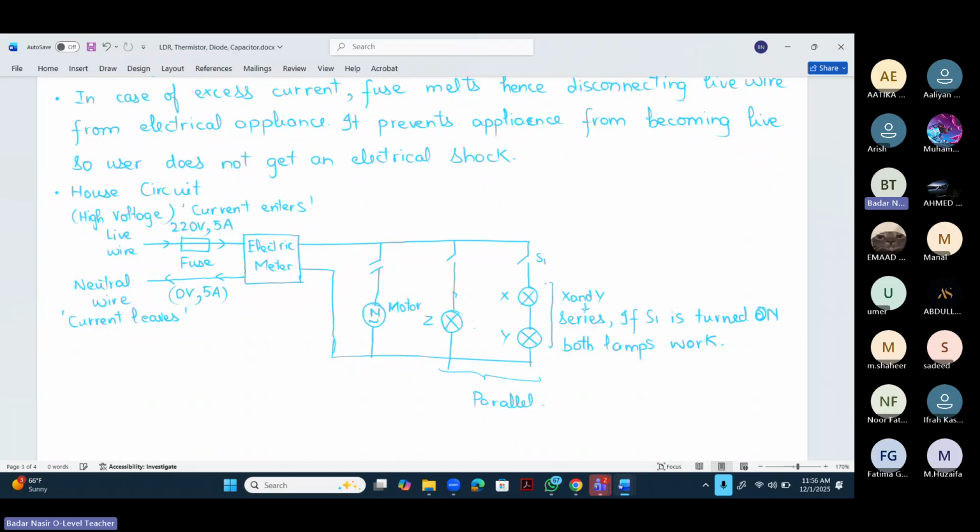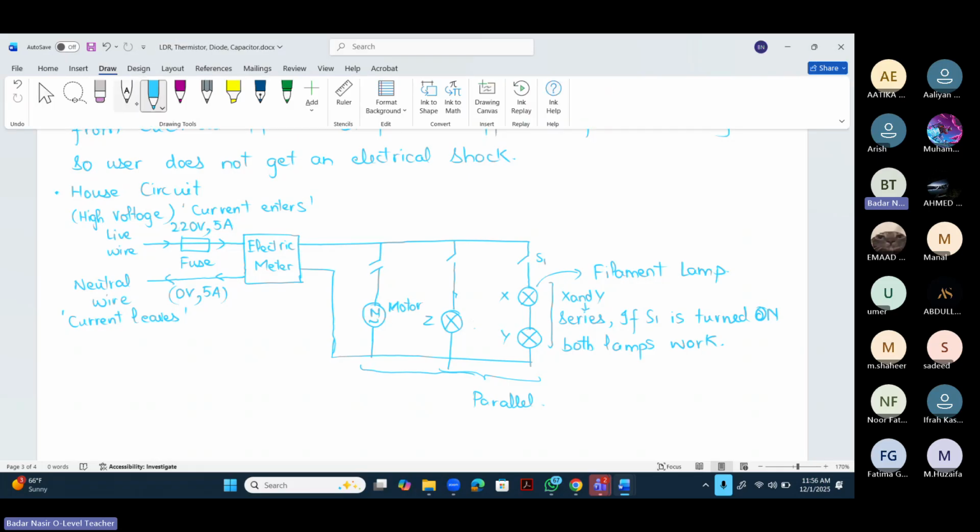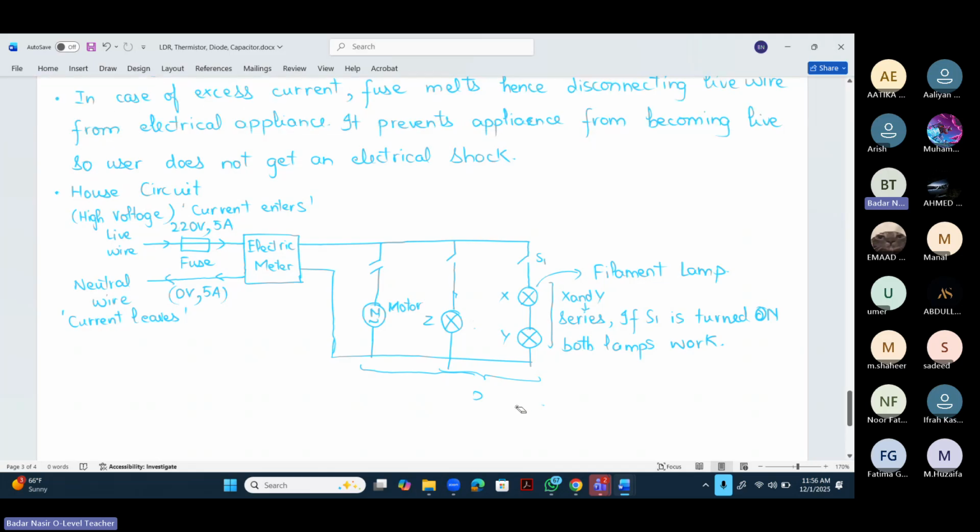This is the symbol of a filament lamp. We should know the symbol of a filament lamp, and we should also know the symbol of an electric motor. So we can see that all three of them are connected in parallel to each other.